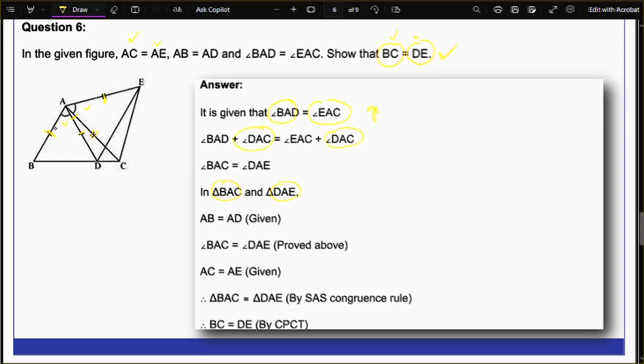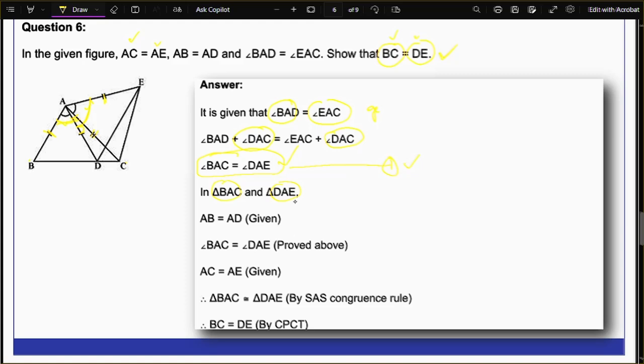If I add BAD to DAC, that becomes BAC. Similarly, if I add EAC to DAC, that becomes EAD. So these two are the same.